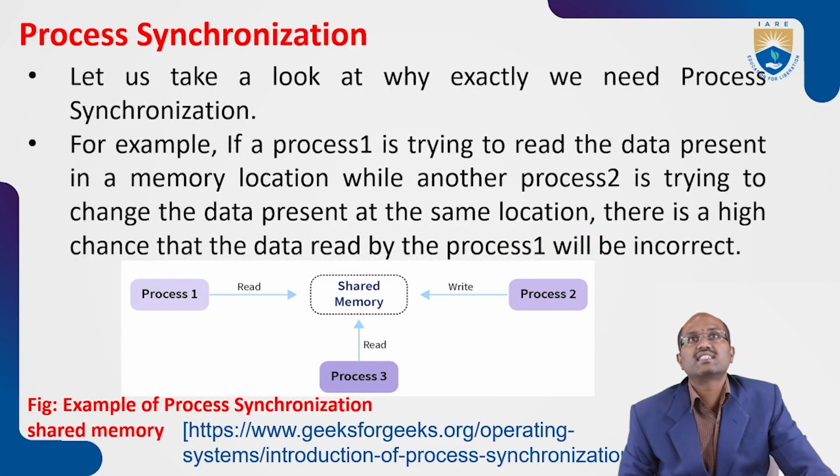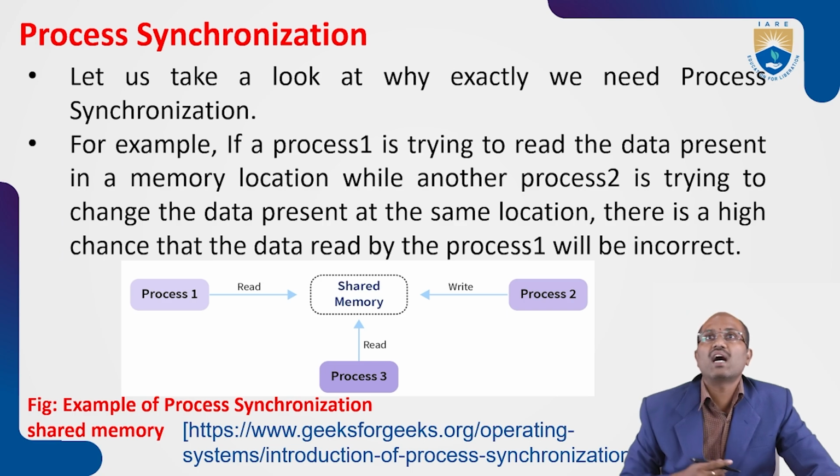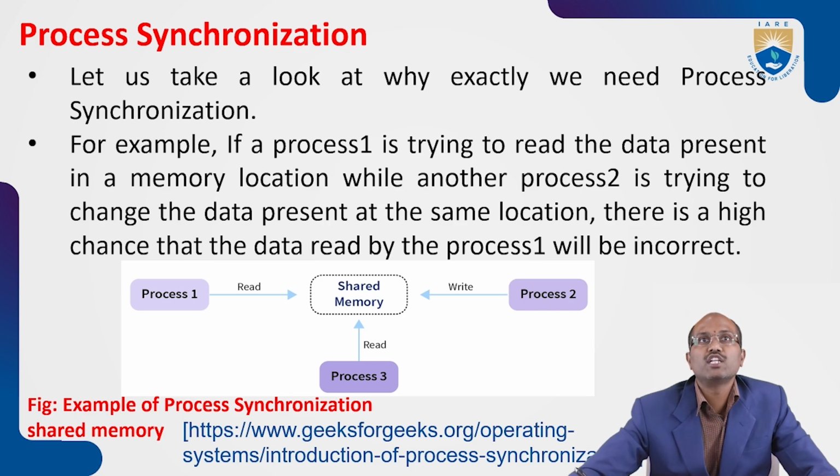Let us take a look at why exactly we need process synchronization. If process 1 is trying to read the data present in a memory location, while process 2 is trying to change the data at the same location, there is a high chance the data read by process 1 will be incorrect.